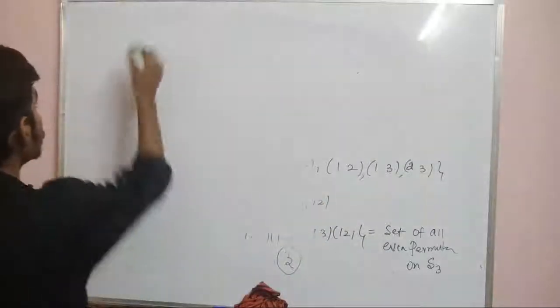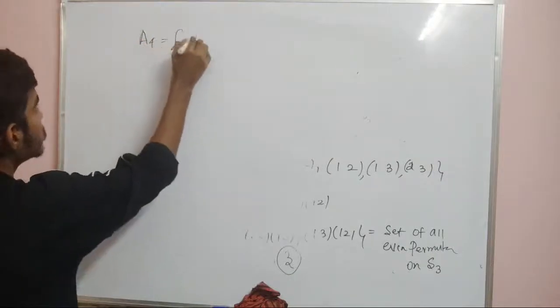A4 is the set of all even permutations in S4.